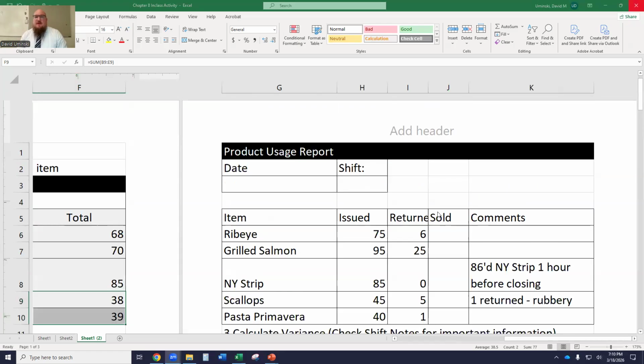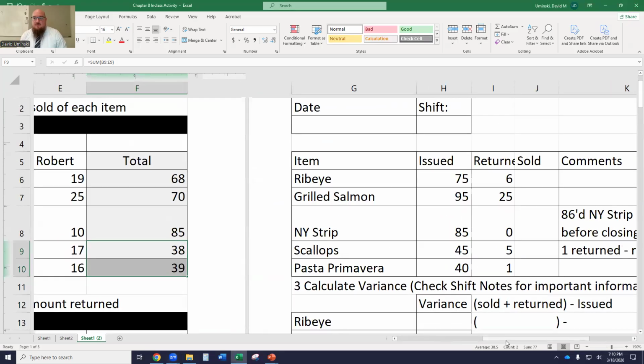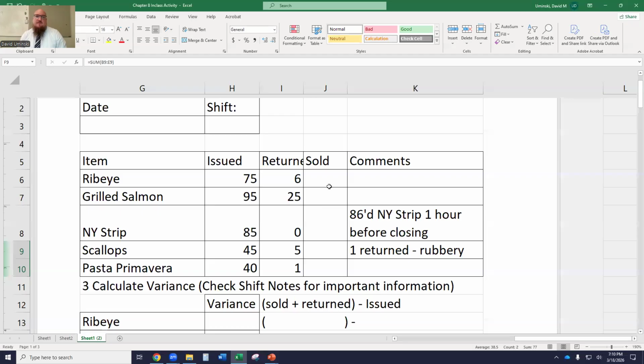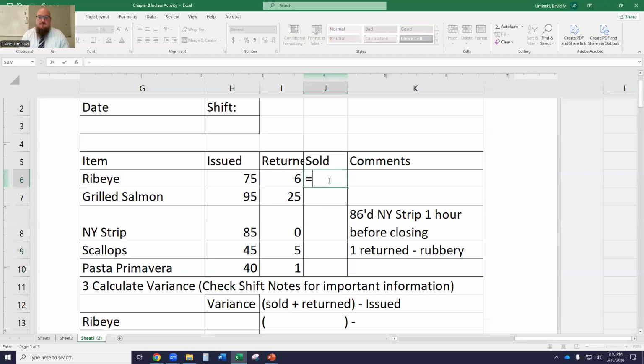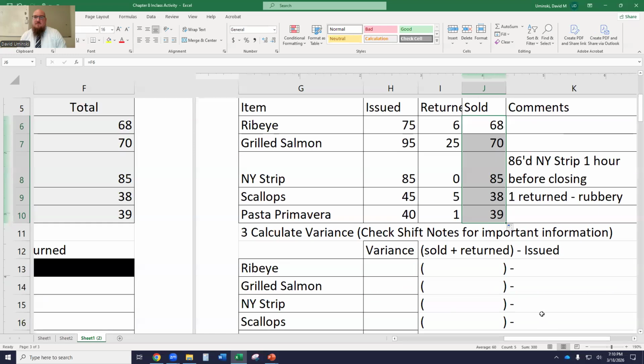All right, so looking at my product usage, my items that I sold. So my product usage, I sold 68 ribeye, 70 salmon, 85 New York strip, 38 scallops, and 39 pasta primaveras.